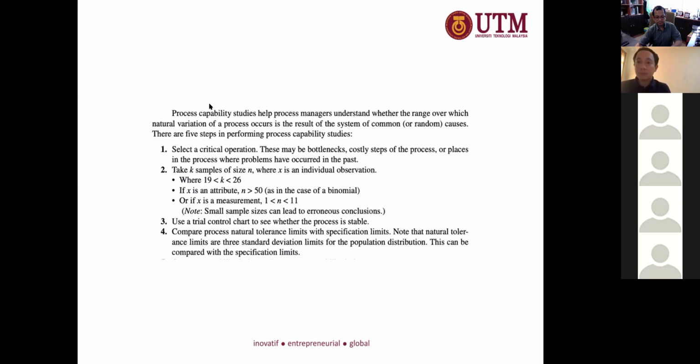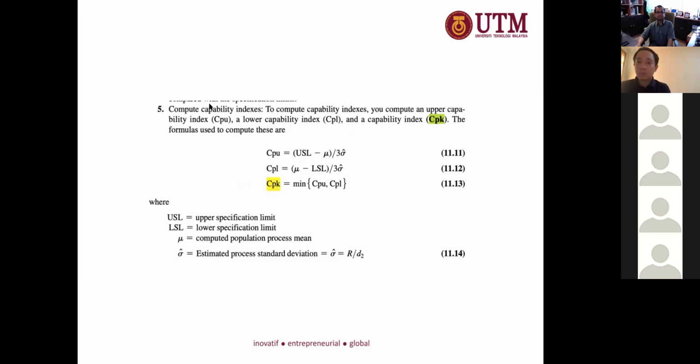But I go straight to this formula. We can calculate the capability index. We have CPU and CPL for the lower limit, and we compare which one is the minimum, that is the CPK.